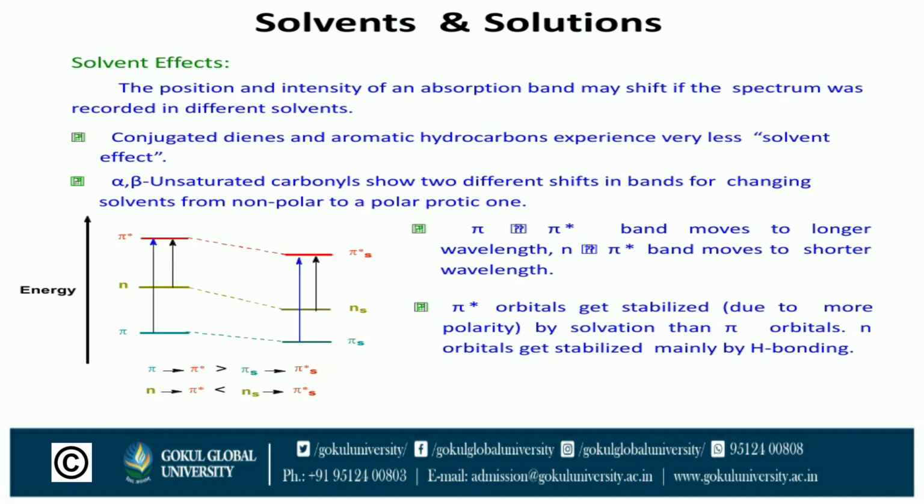Due to more polarity by solvation than the pi orbital. So pi star is more stable in comparison to the pi, and the n orbital gets stabilized mainly by hydrogen bonding. And when does hydrogen bonding occur? When the solvent is polar and it releases the hydrogen.